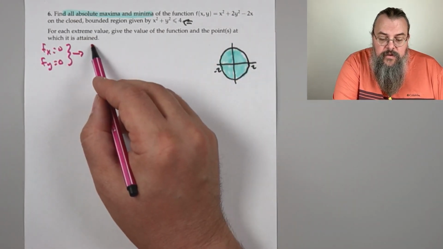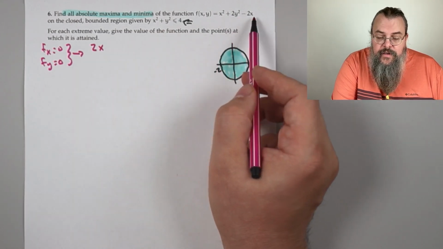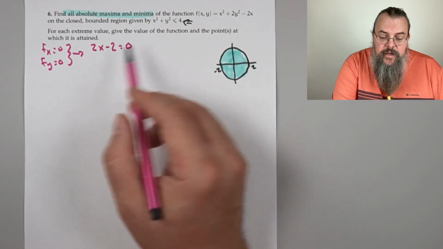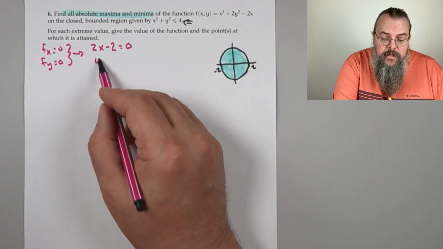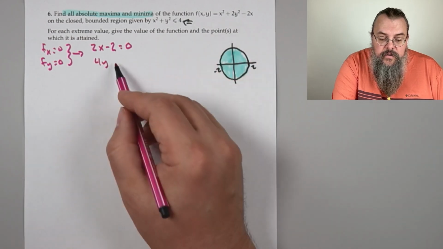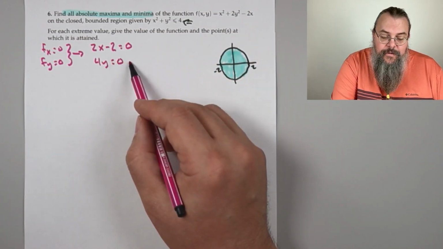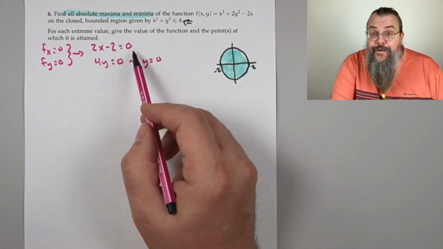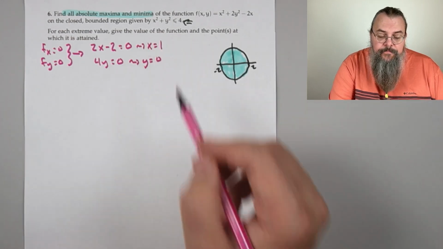You would have 2x, the derivative of that is 0, and then minus 2 equals 0. Then take the derivative with respect to y: 0, 4y, and 0 equals 0. Well, that's pretty good. 4y equals 0, so y equals 0. Here, add 2 to both sides, divide by 2. That says x equals 1.